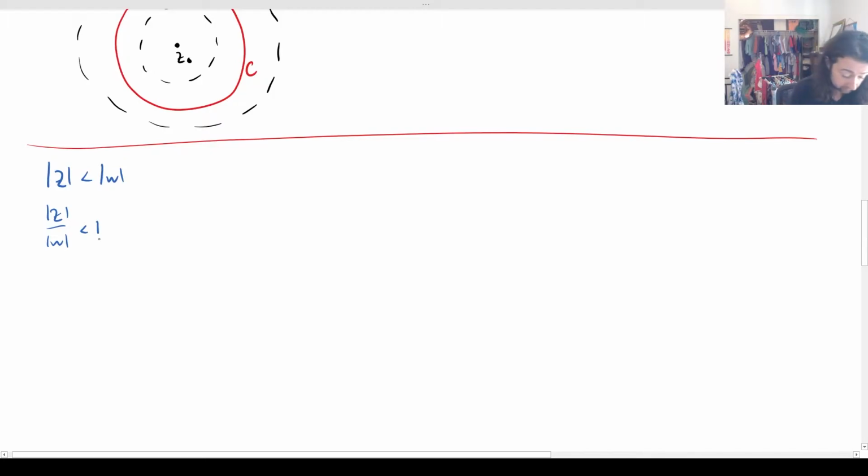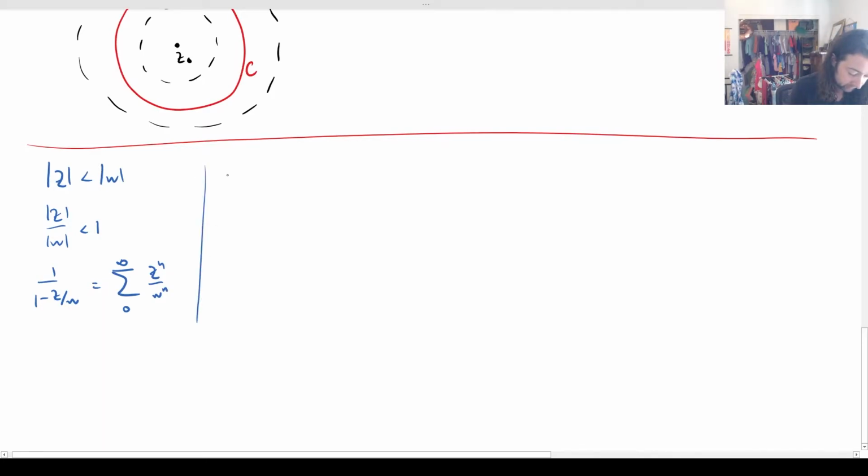And in that case, 1 over 1 minus z over w can be turned into an infinite sum of z to the n over w to the n. So it's the geometric series formula. That works whenever we're within the radius of convergence of the series.